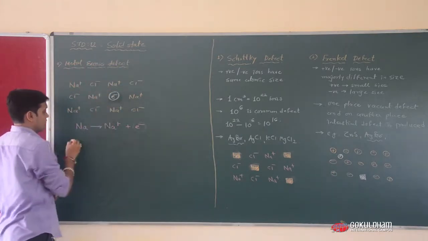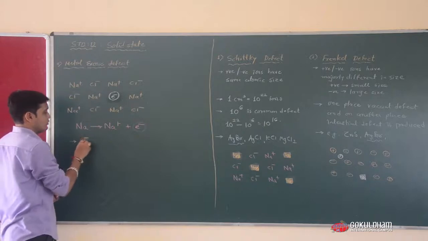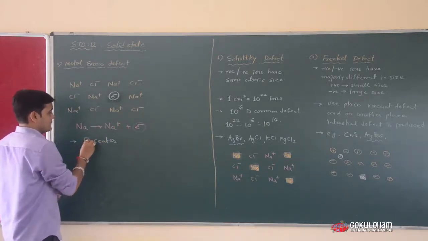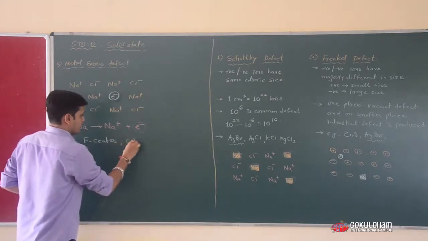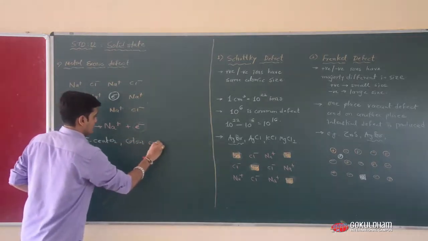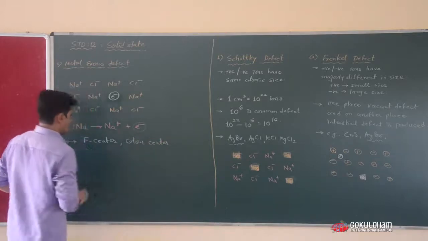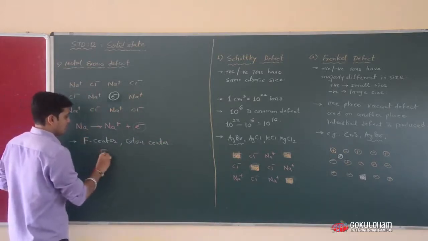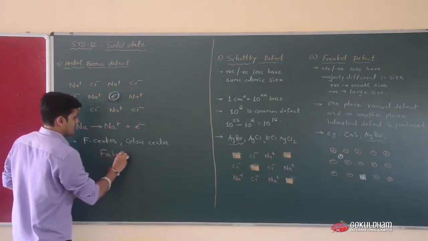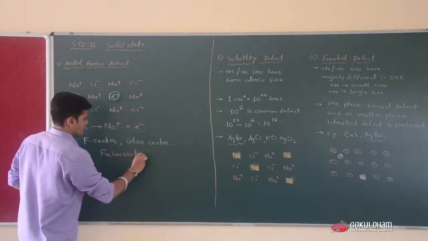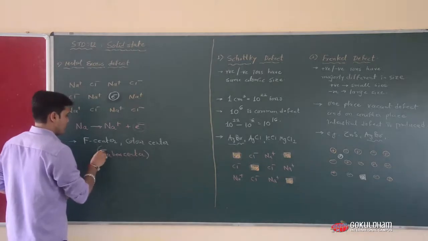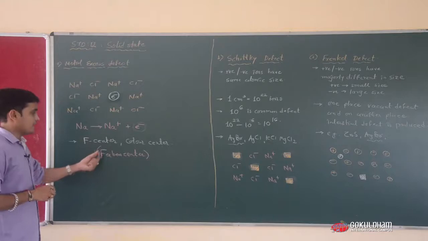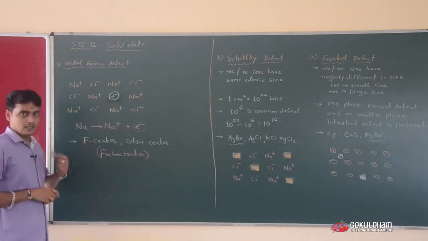This e- portion is known as F center or color center, and this F means Farben center. When this electron is present in your solid, it will liberate a specific color.